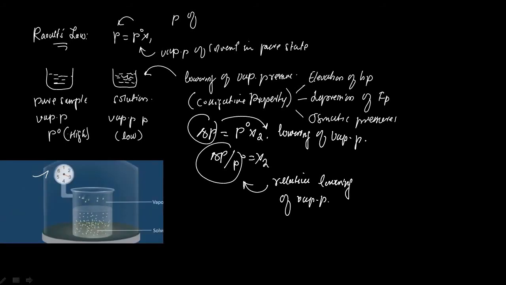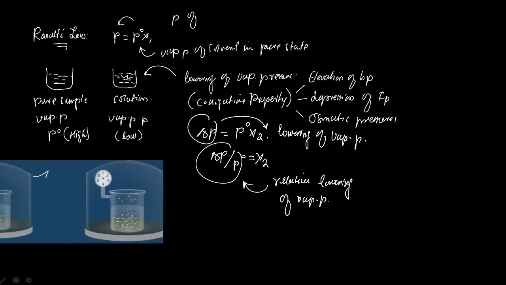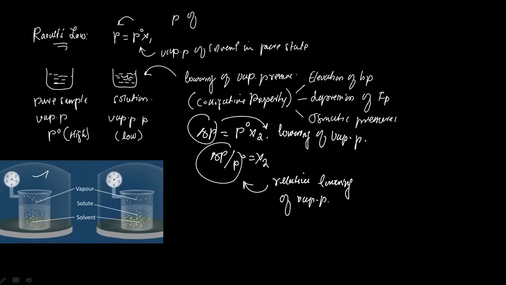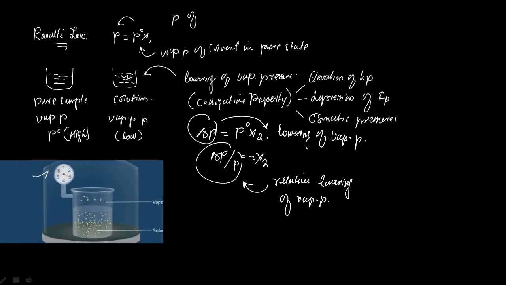But as far as the relative lowering of vapor pressure is concerned, it is equal to the mole fraction of solute. In other words, if we increase the quantity of solute, then we will observe a greater degree of lowering of vapor pressure. As far as the calculation with respect to lowering of vapor pressure is concerned, we can calculate molar masses from the relative lowering of vapor pressure.